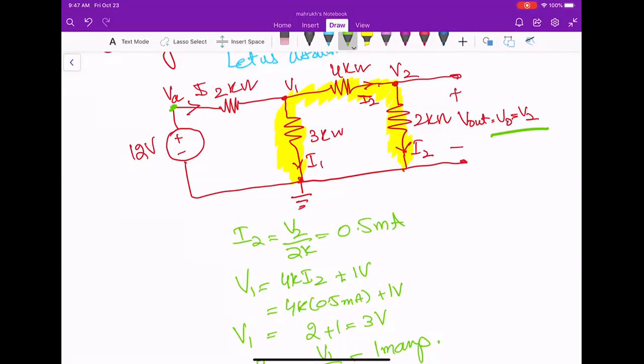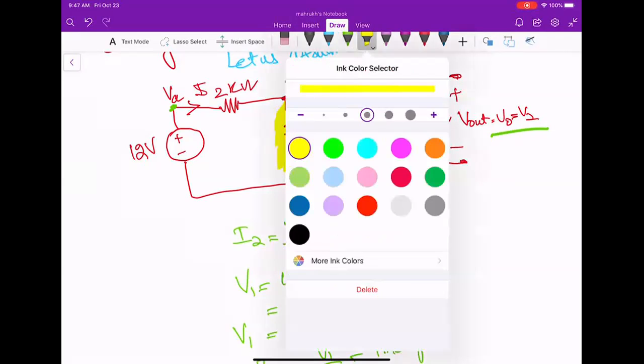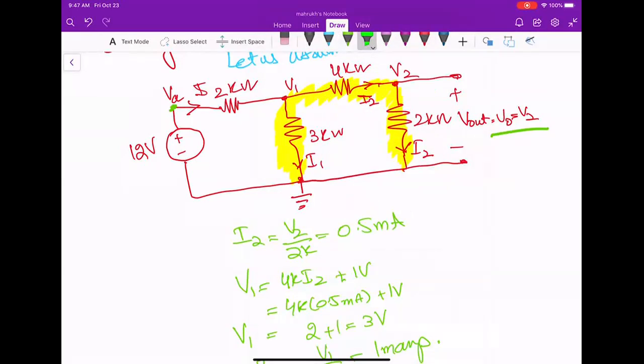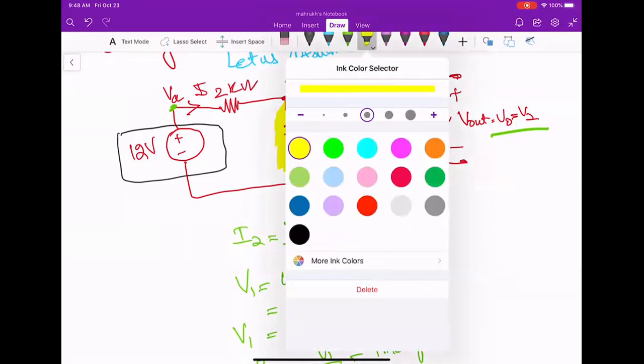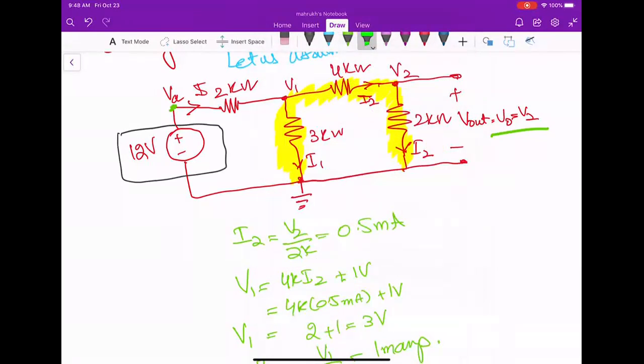Okay, so VA is actually, I know it's 12 volts, okay? But if this is a black box, and I don't know what's in the black box, then how can I find VA? I will say that this VA is the voltage drop here plus the voltage here, right?